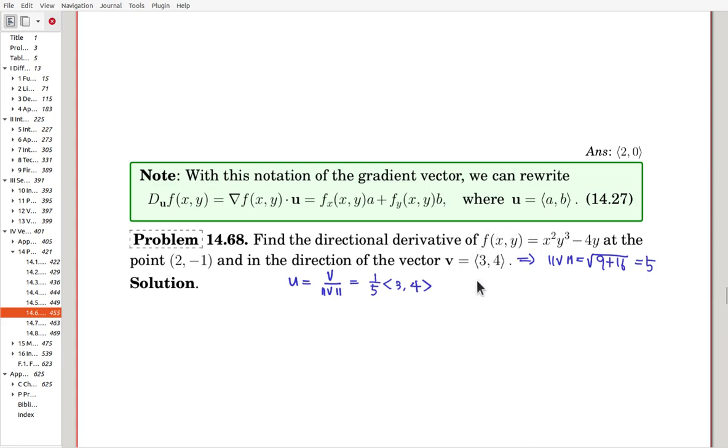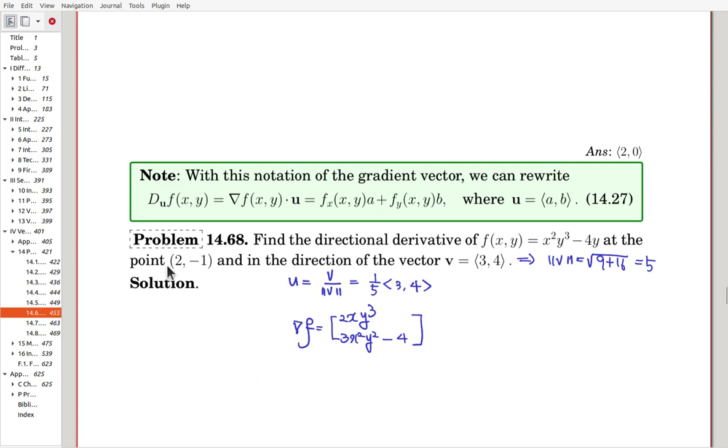Now we have to get the gradient of f. Now x derivative is 2x y cubed, and that will be 0. And y derivative is 3x squared y squared and minus 4. So that's the gradient vector.